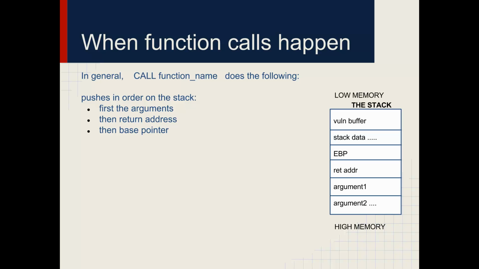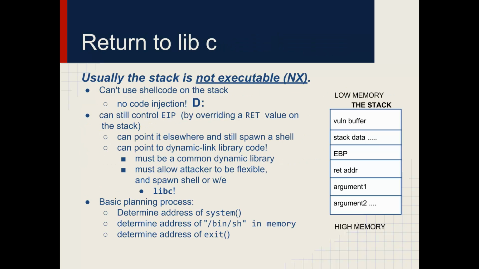So the second we have the return address overwritten, in order to call a function, we're going to have to do that same process. So the stack from this point down is going to have to look the same, but starting here. So once the return address is called, it's going to pop this into EIP, and here where argument 1 is going to be the top of the stack.